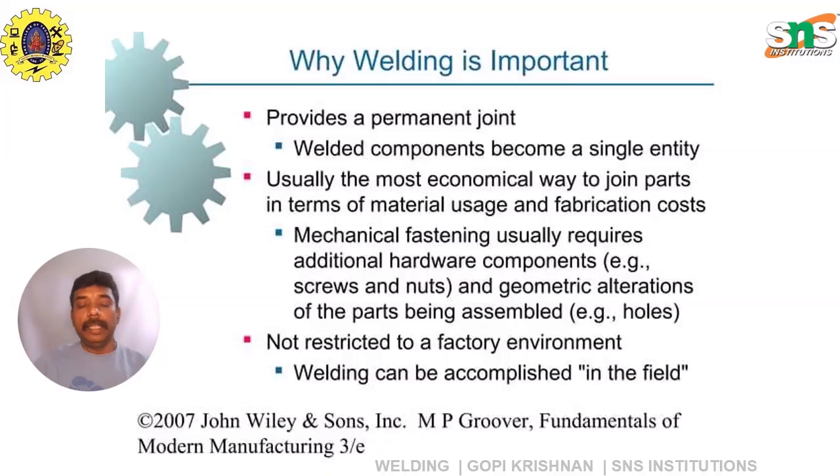Reason number three, it is not restricted to a factory environment like a few other manufacturing processes. Welding is a standalone process which can be accomplished in the field. So these are the three attractive properties of the welding process, by which we come to know the importance of welding in different applications.